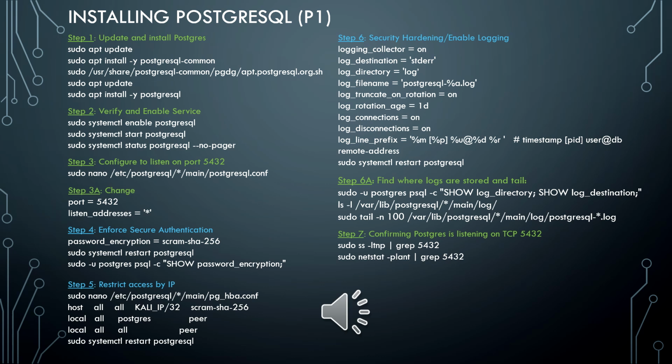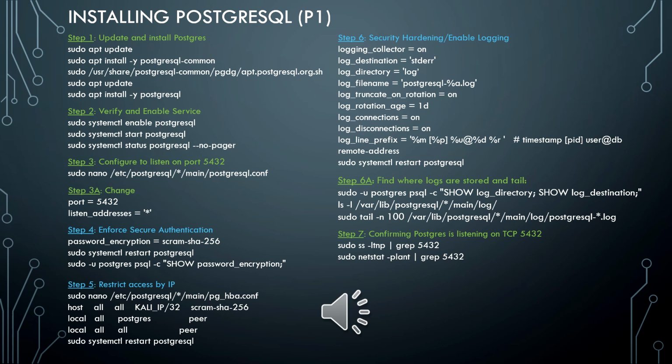I update the system first, then install PostgreSQL using the official repository. To see the specific command line, you can refer to my step one.